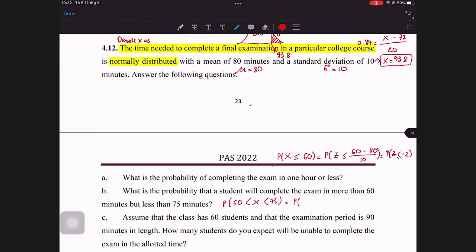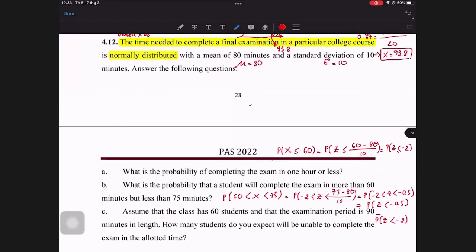Now we can convert it. 60 is equivalent to -2. So all you need to do is convert 75 into Z. It's 75 minus 80 over 10, so basically -0.5. Yep. So for this, you can take P of Z smaller than -0.5 minus P of Z smaller than -2. For these two probabilities, you can easily look up the table and then find the values.